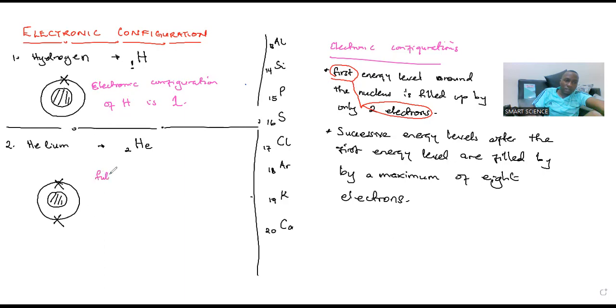We shall see how to classify such elements. Therefore, its electronic configuration is simply showing us that the first shell has 2 electrons. That's how we shall write for helium.